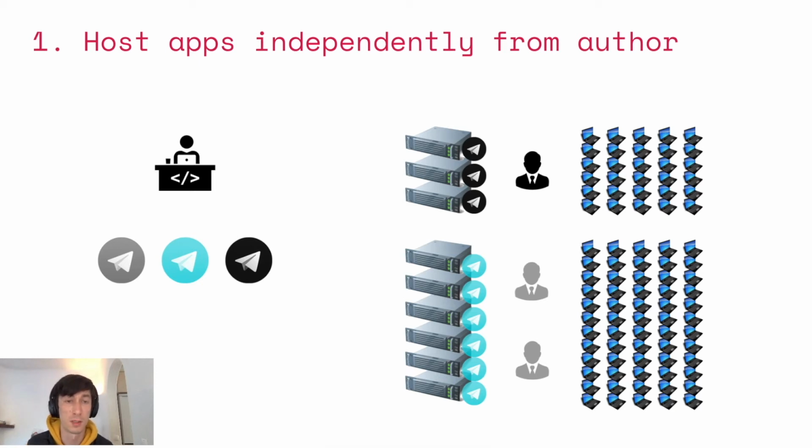And the new version that the developer created might not be better than the previous one, and users might not want to switch to it. So it creates a situation where different nodes run different versions of software or different software, and users can choose whatever version, whatever software they want to use.